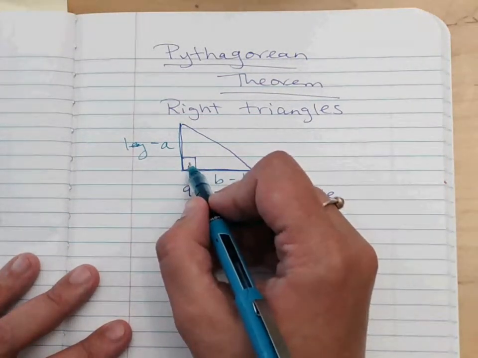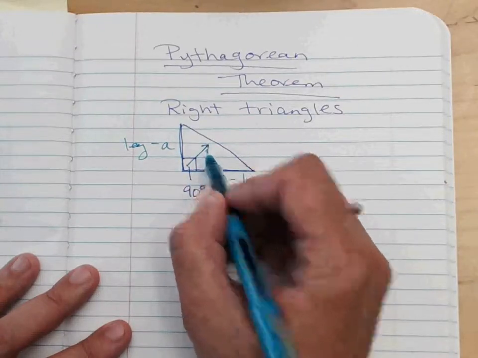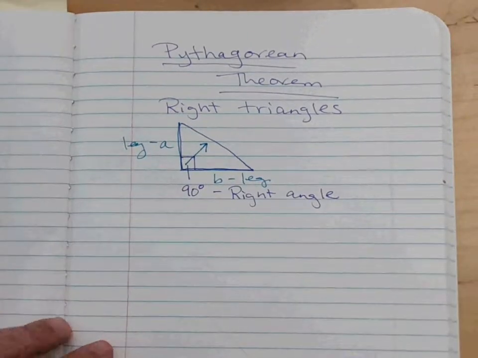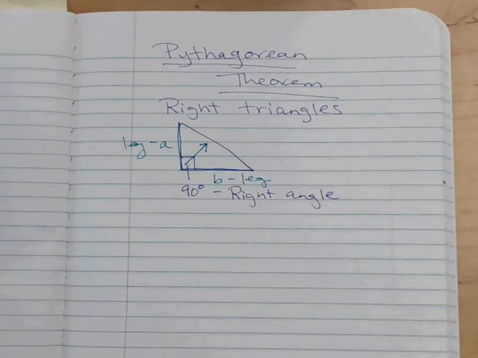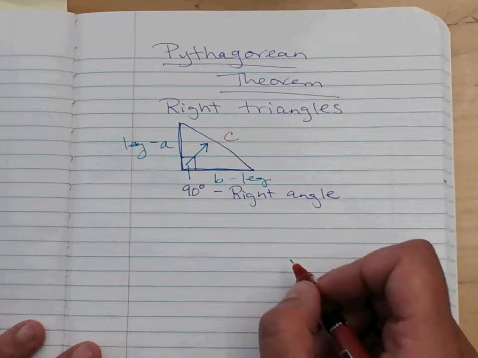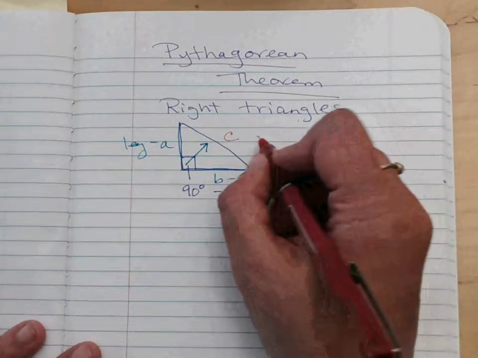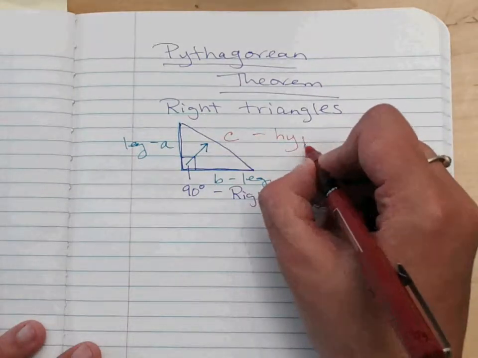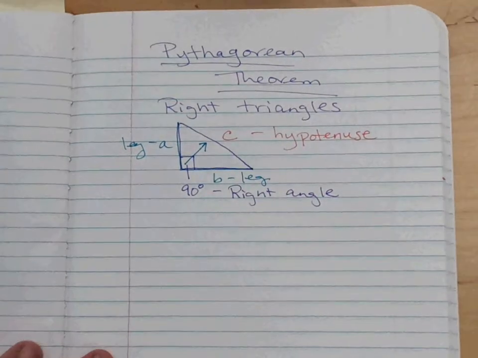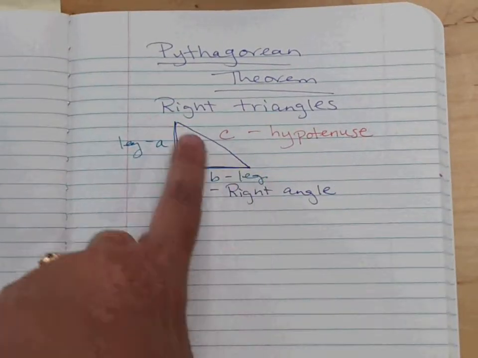Now, the right angle forms an arrow that points at the longest side. Does anybody know what the longest side is called? It's called C. Good. You're following the alphabet. It starts with an H. It's called the hypotenuse. The hypotenuse is going to be your longest side.